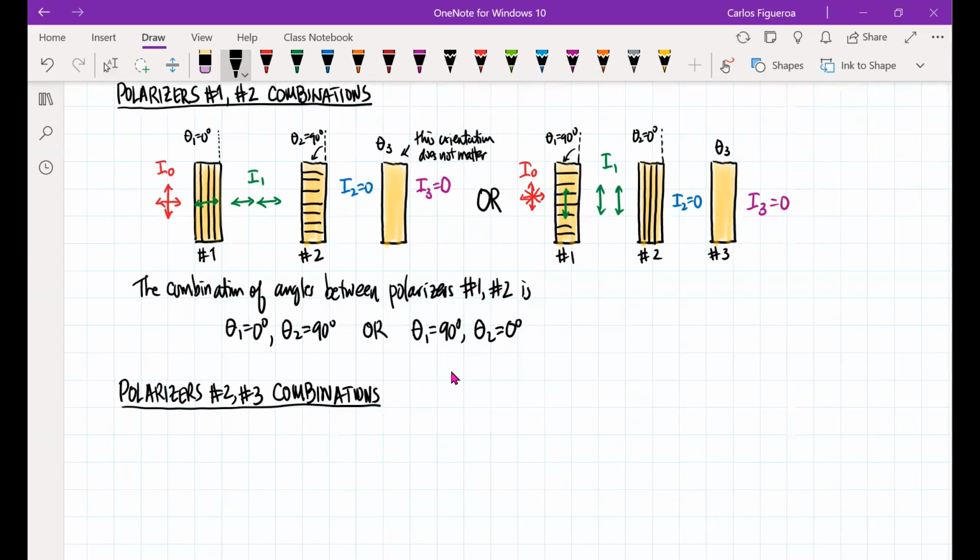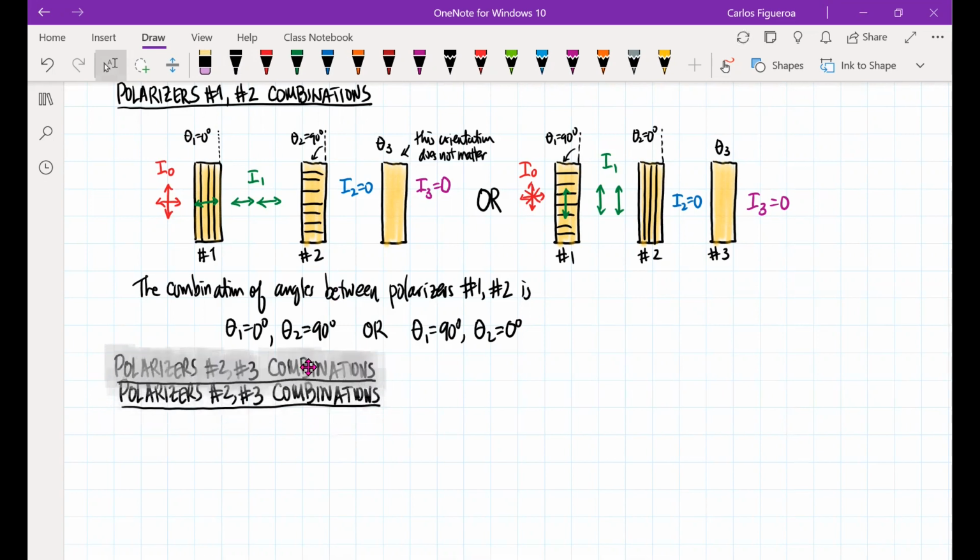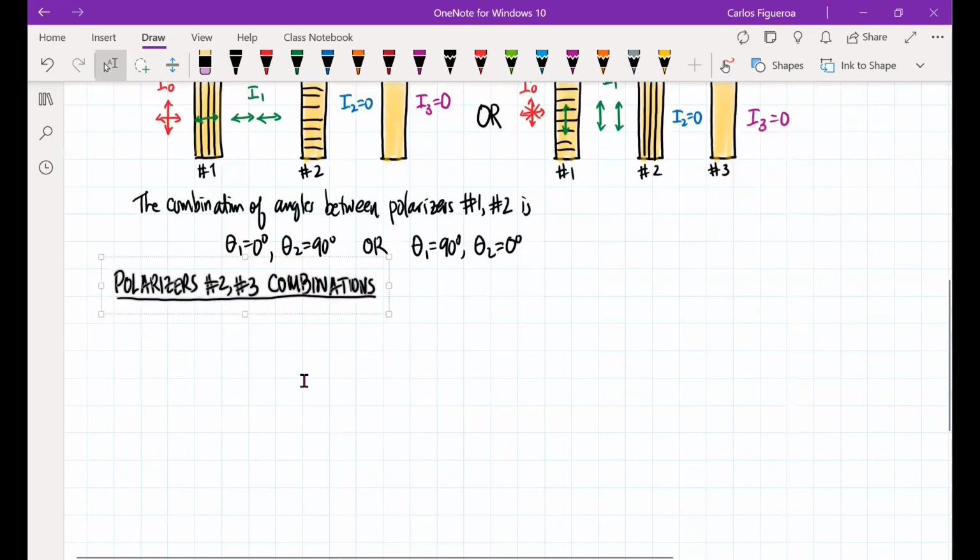So here I go. Now I'm going to do exactly the same thing that I did up here. So the way I'll look at this is that I'm going to set up my polarizers now. Here I go. So here's one. Putting these guys into place.